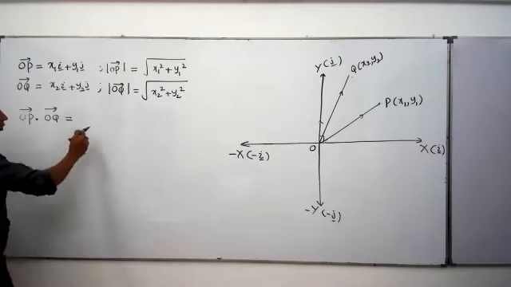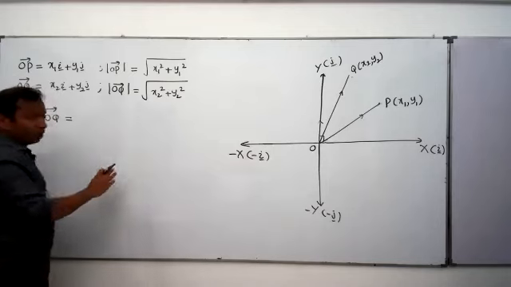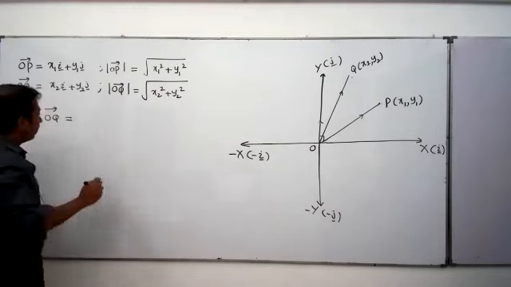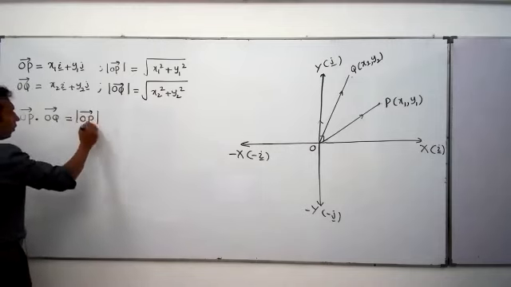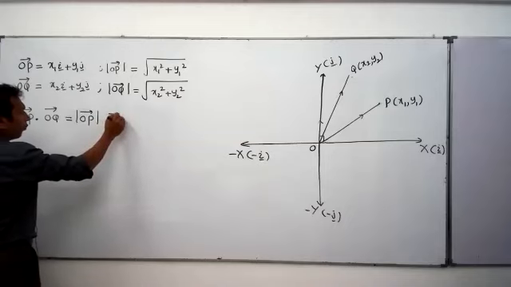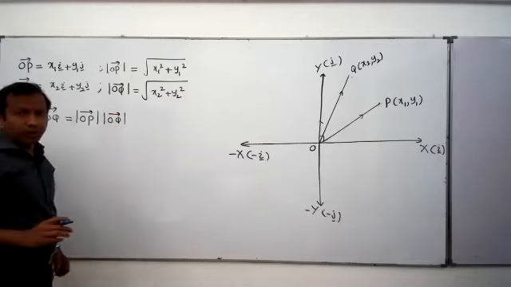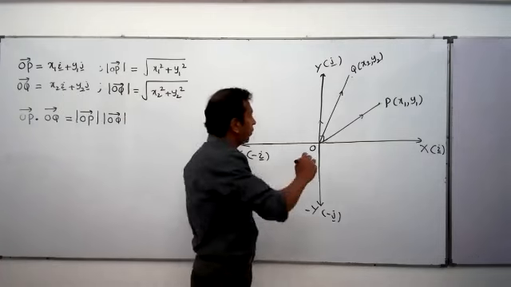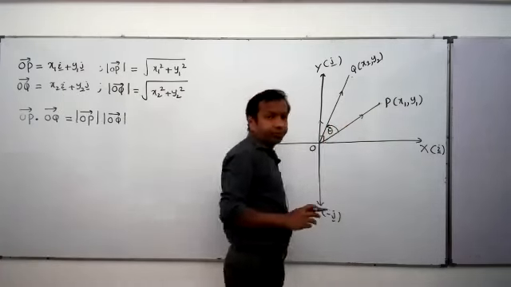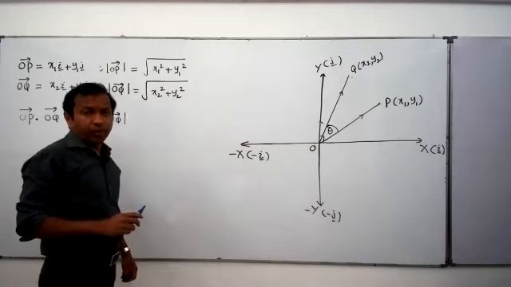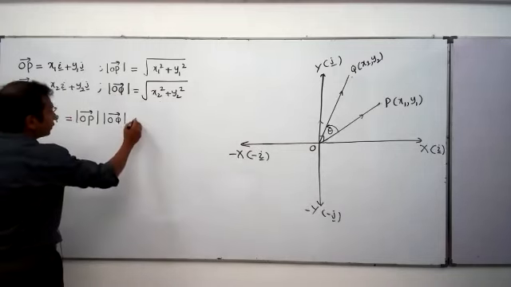When we write it according to the definition of A dot B, how do we write this, people? OP vector modulus multiplied by OQ vector modulus, and if I take the angle between OP and OQ as theta, we can write this as cos theta.